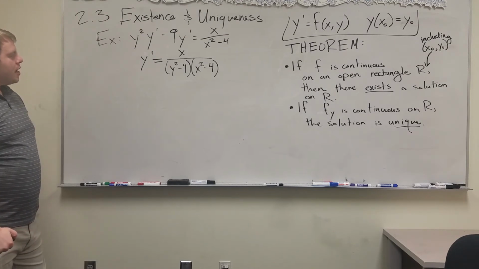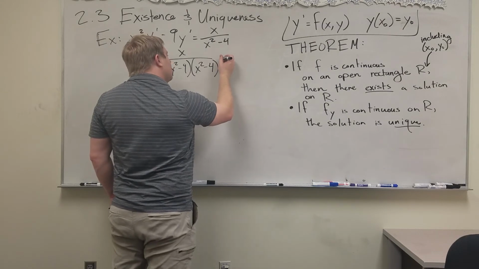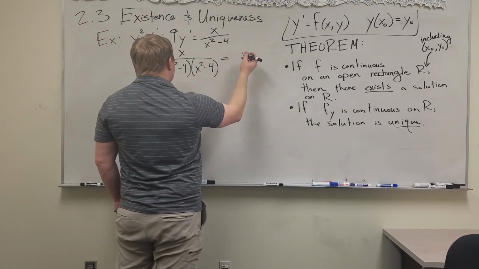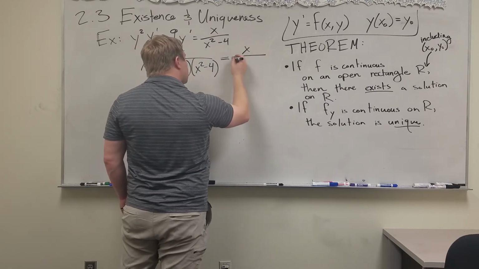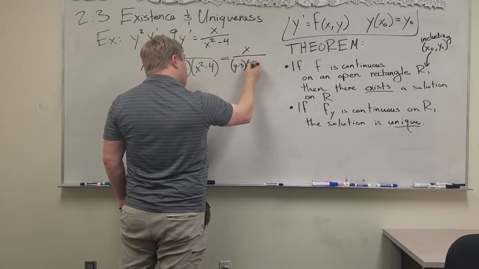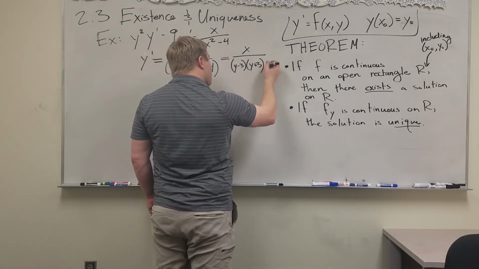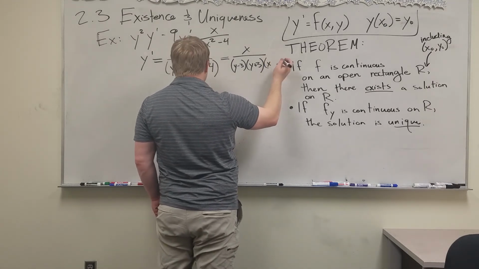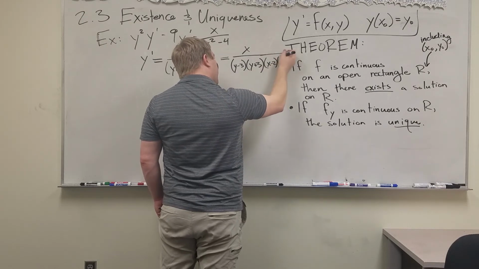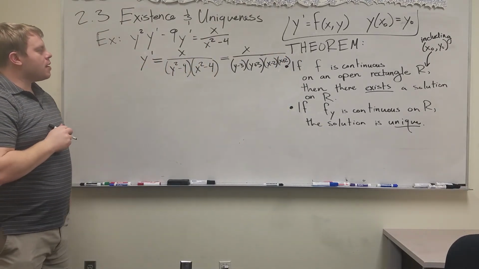Okay, and let's see. I could also rewrite this by factoring each of these, and that's useful for this type of problem. Just using the difference of squares, factoring there.